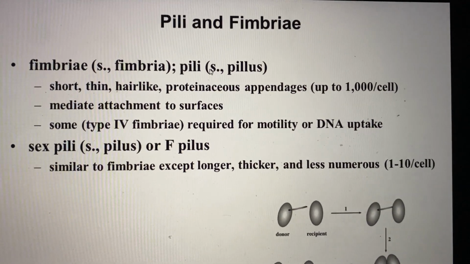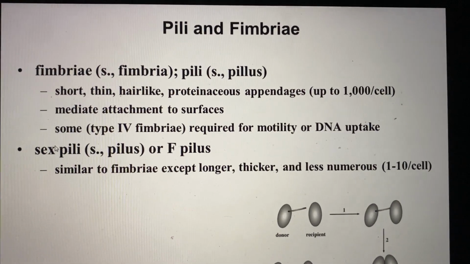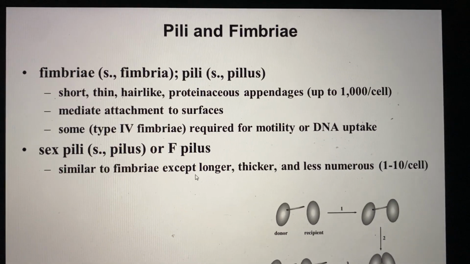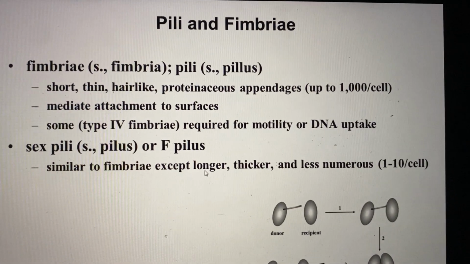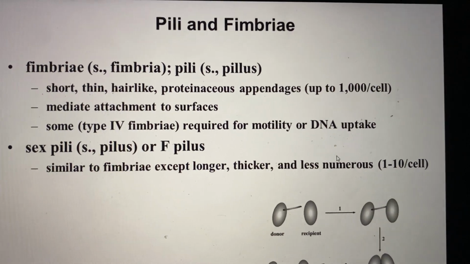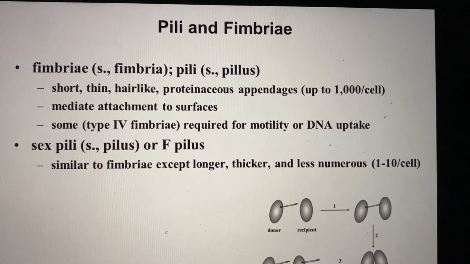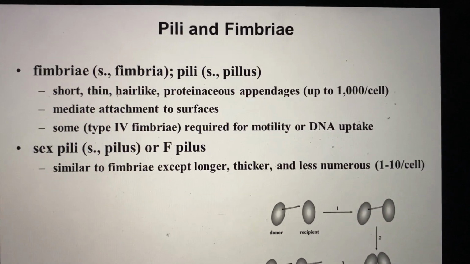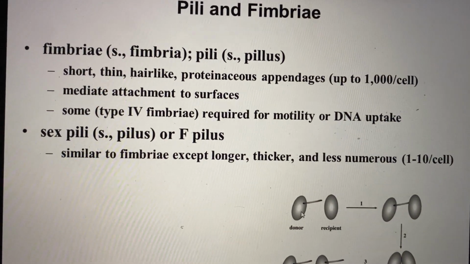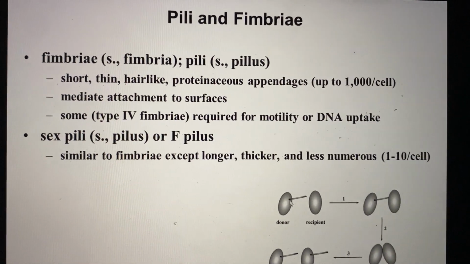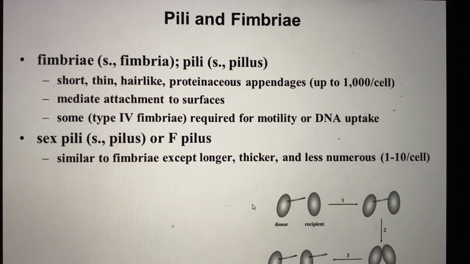But the word just pilus or pili can be used interchangeably with the fimbriae. But if you're talking about the sex pilus, then it is definitely similar to the fimbriae, but they're longer and thicker, and they're less numerous, smaller in number, and they are capable of allowing the F pilus mediated conjugation. So you're familiar with the idea of bacteria capable of conjugation in nature. So this is what this pilus, F pilus, or the sex pilus will be used just for conjugation.